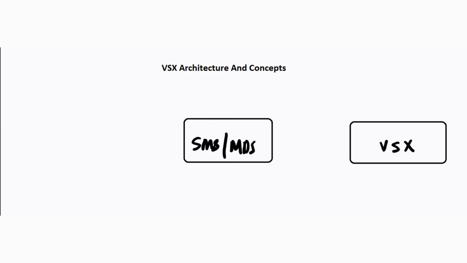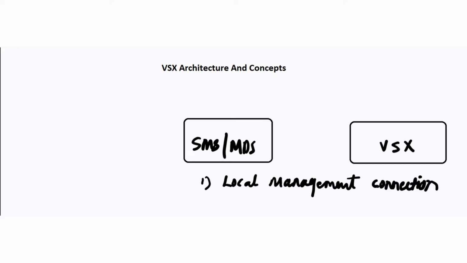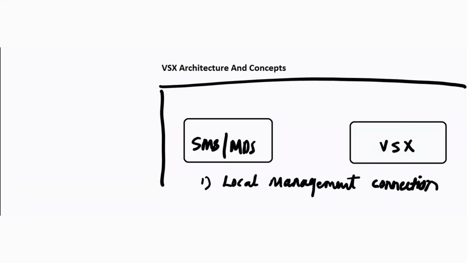Number one is the locally managed connection, a local management connection. We call it that when these two devices, appliances, VMs, whatever they are, are within the same geographical location, or I would say in the same data center.